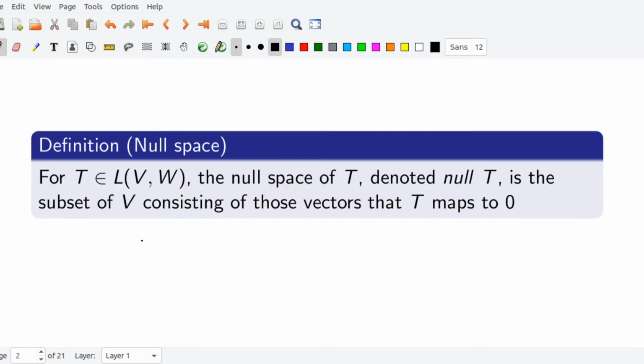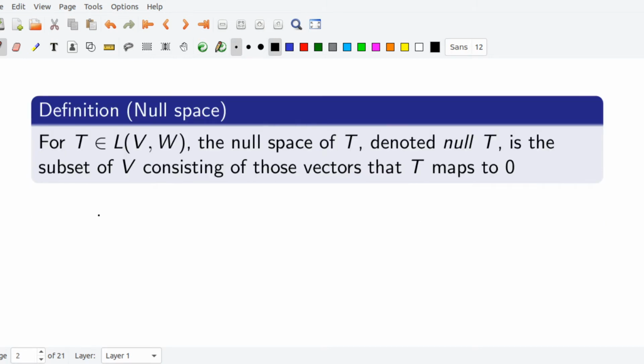I have defined null space as follows: for T an element of L(V, W), the null space of T, denoted null T, is a subset of V consisting of those vectors that T maps into 0.